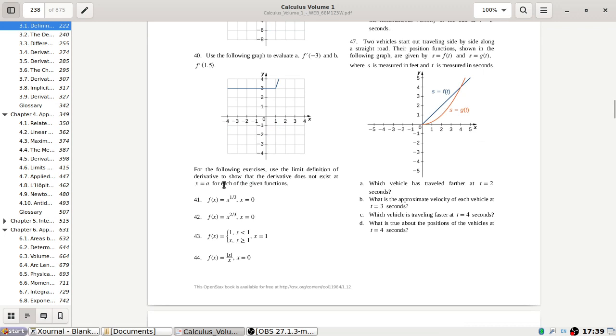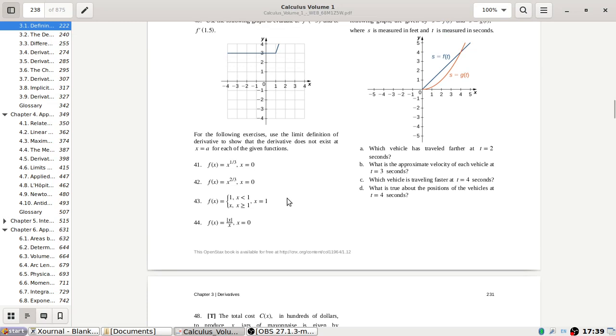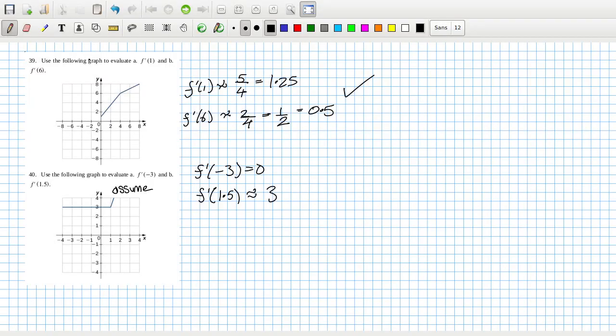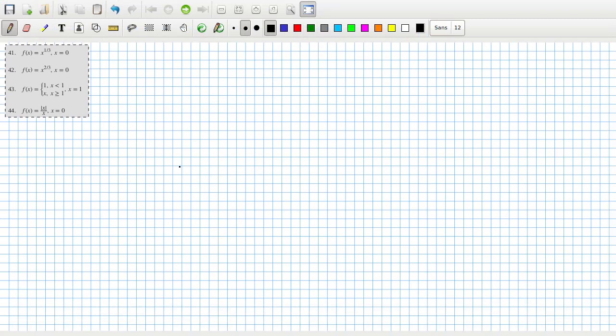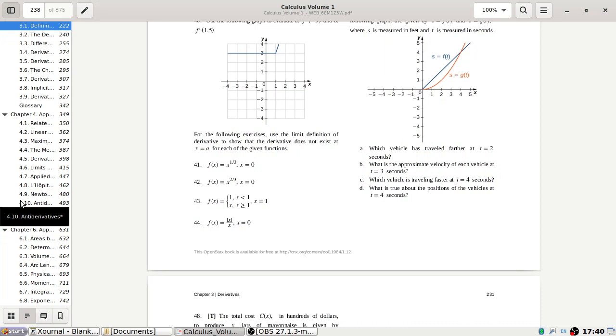For the following exercise, use the limit definition of derivative to show that the derivative does not exist at x equal a for each of the following functions. Okay. Let's grab these and paste. Okay.